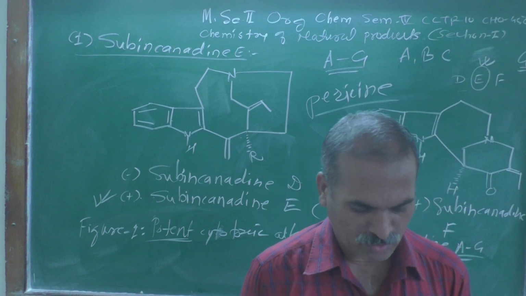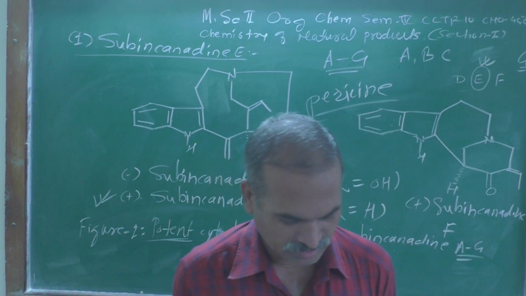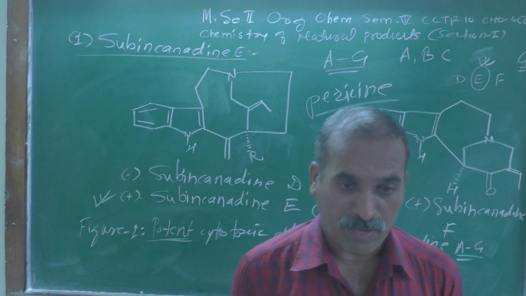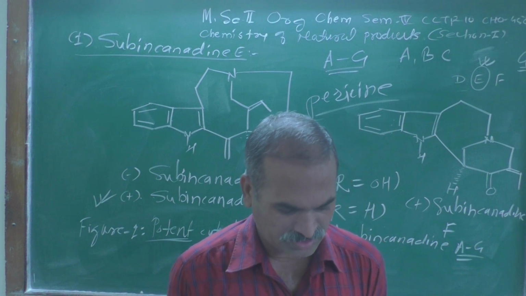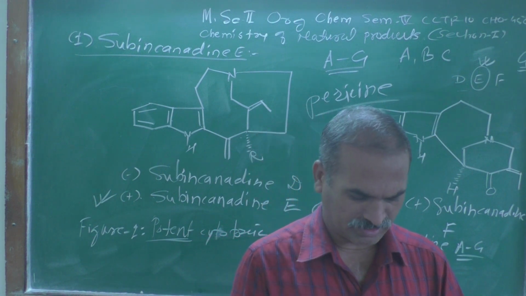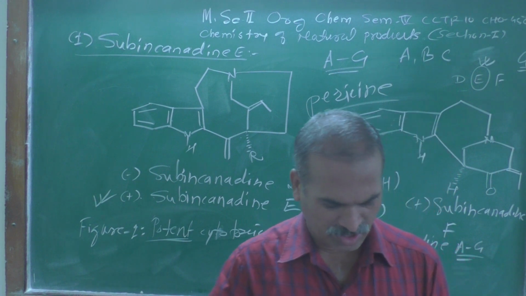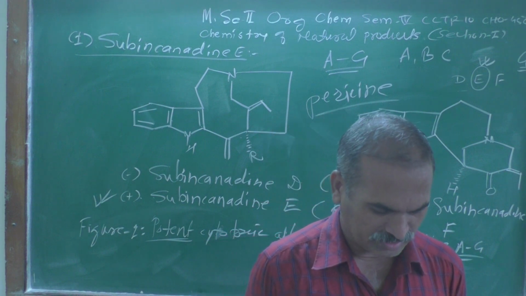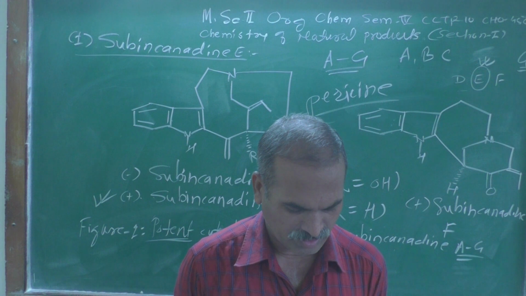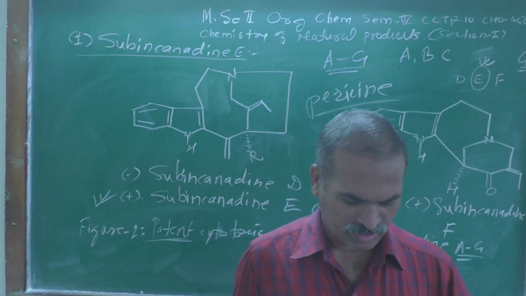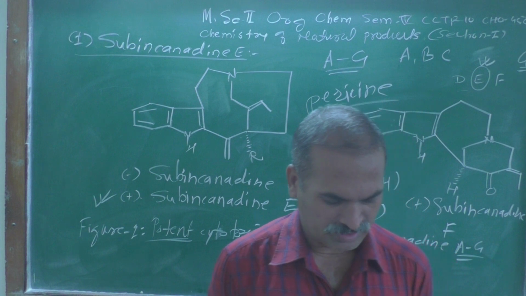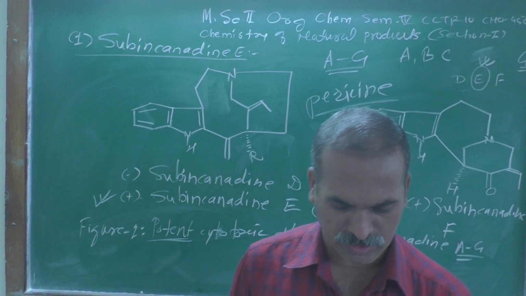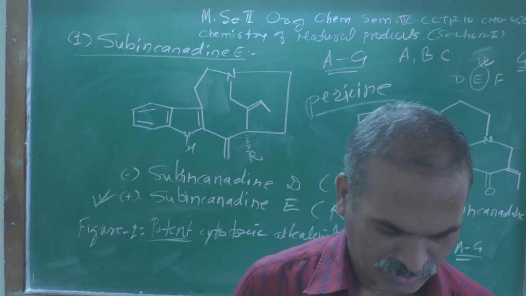Recently, Chen and co-workers proposed that pericine is a common biogenetic precursor of two structurally unprecedented monoterpenoid indole alkaloids, plus arboricidine and minus arboramine, shown in figure number 2.